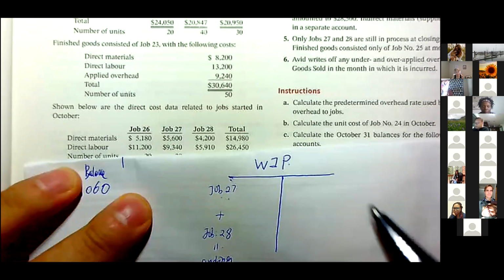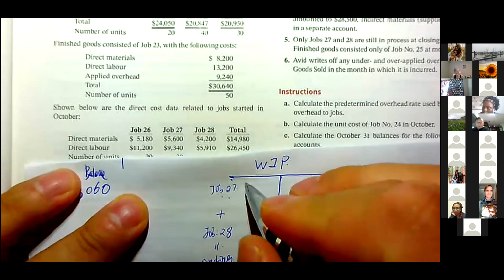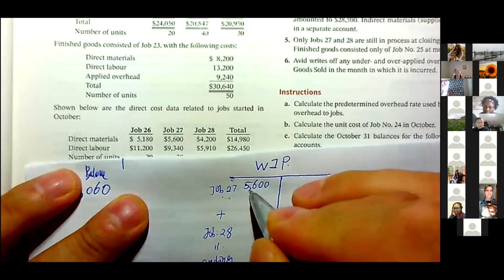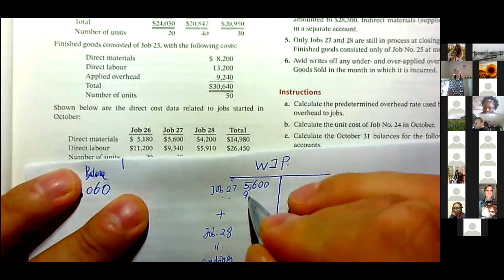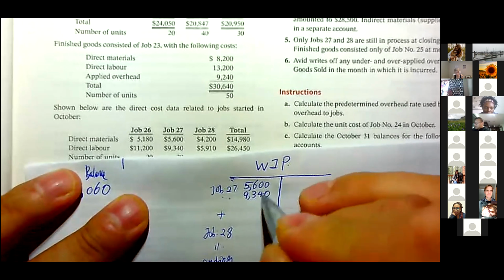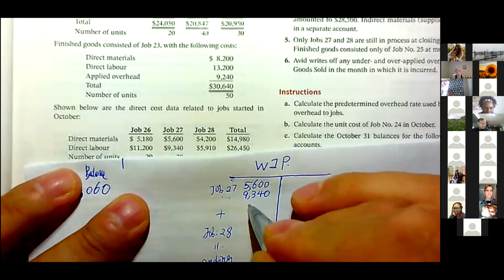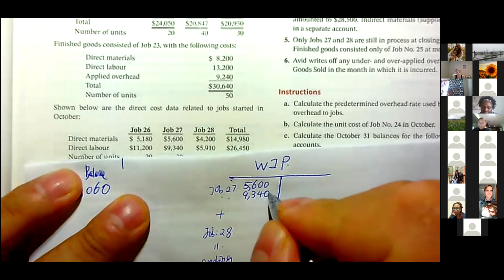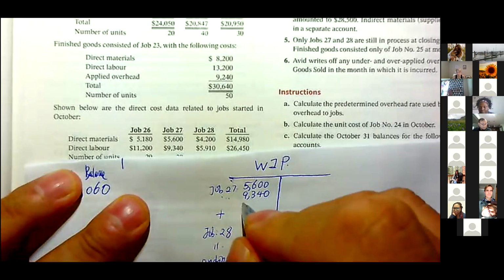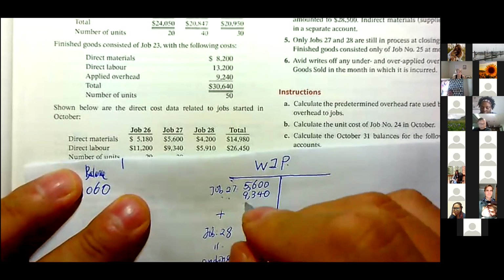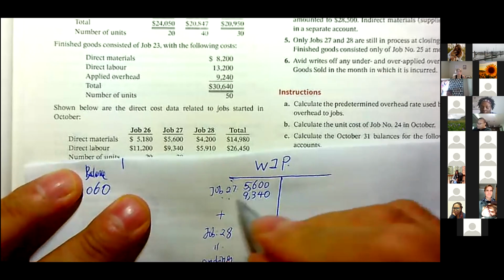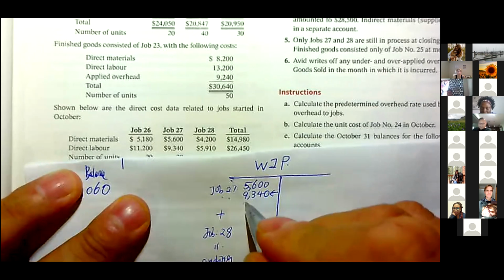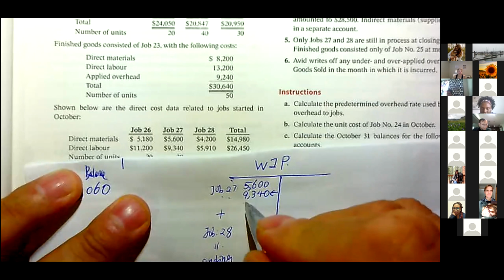Okay, so job 27: direct materials 5,600 and direct labor 9,340. I also need to consider the overhead, which is 70% of direct labor, just this number, right?